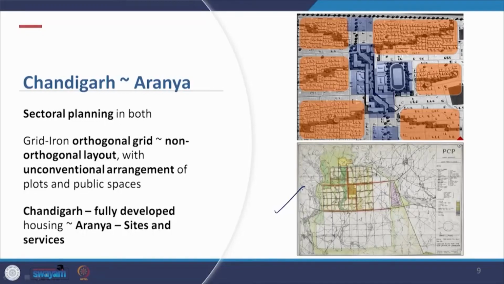So there is sectoral planning with neighborhoods in Chandigarh, all laid out on a grid iron, versus a non-orthogonal layout in Aranya housing and an unconventional arrangement, like I said, of plots and public spaces. Chandigarh is fully developed housing. Aranya is a sites and services scheme.